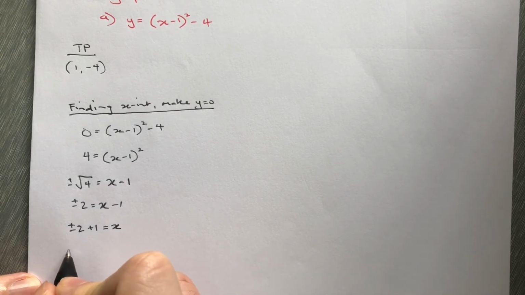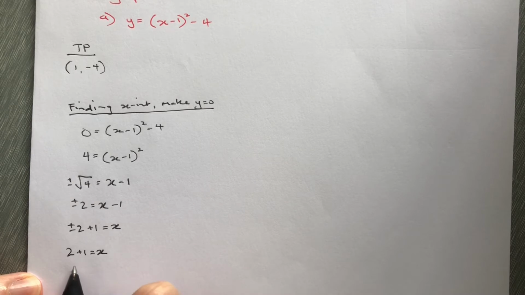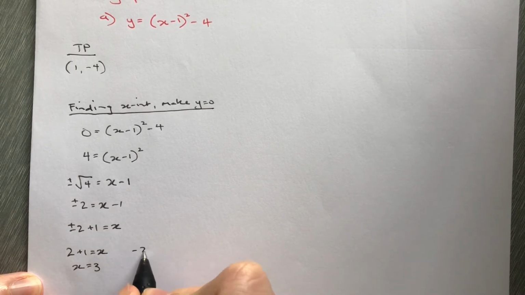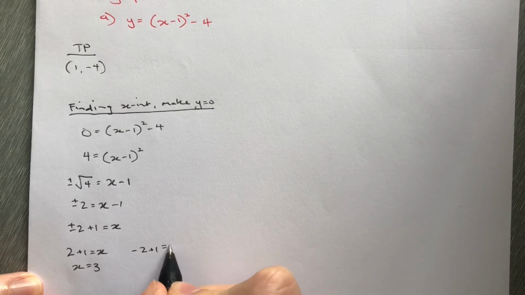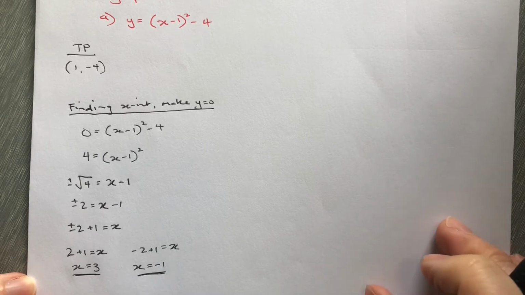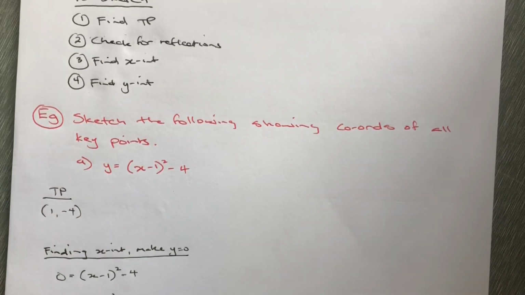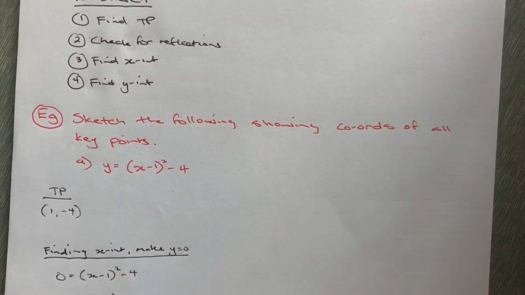So we've got plus 2 plus 1 equals x, which means x equals 3. But we also have -2 plus 1 equals x. So x equals -1. And there are our x-intercepts. The next thing we need to do is find our y-intercept.